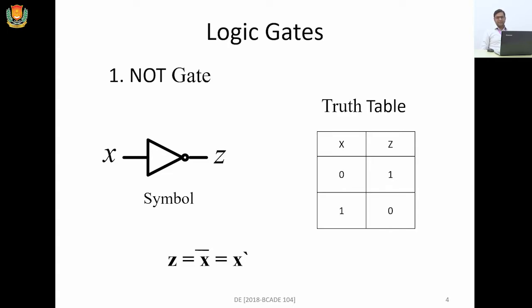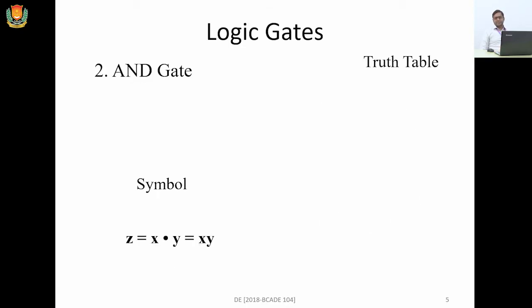To remember this logic gate, consider it in Hindi: not means nahi. It means if we have 0 as input, 1 will be the output. If we have 1 as input, we will have 0 as output. Just invert the logic. Okay, I think you got it.